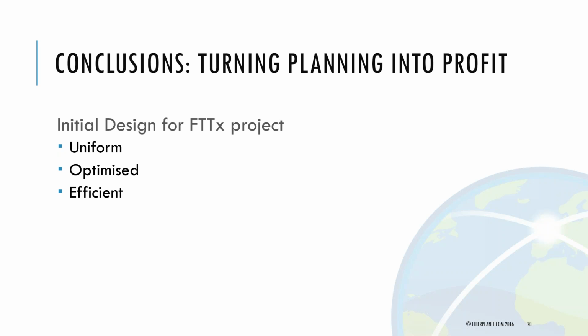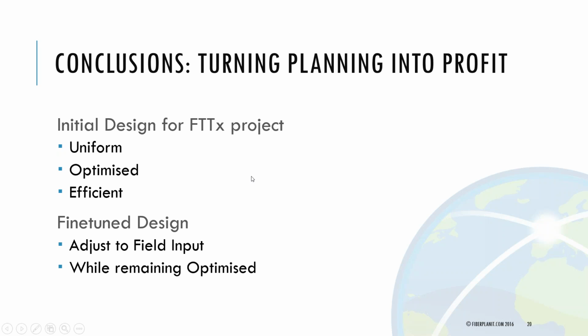You specify your design rules, which can be used for every single design that you do. We have optimization algorithms within the software, so you get an optimized design which will save you cost in your deployment. And also your planning time is greatly reduced, so your efficiency is improved as well.